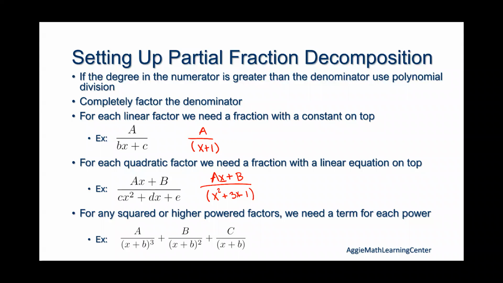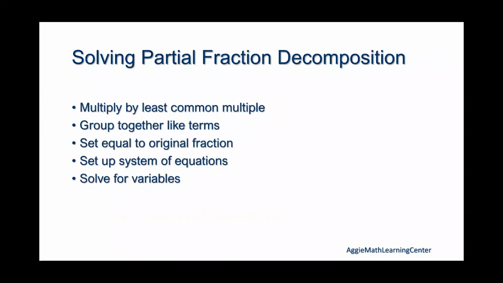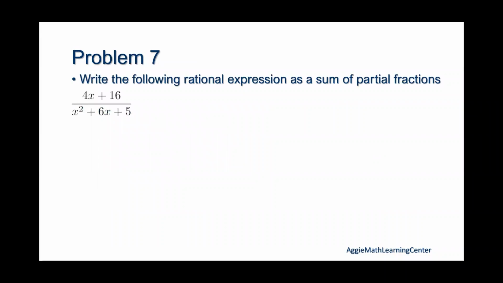And if you have something with a multiplicity bigger than 1, if it's squared, you add one with an exponent of 1, another one with an exponent of 2, all the way up until you have the full multiplicity. So that's kind of how it's broken down. These are just the steps to solving it, but we'll go through them as we're solving the examples.